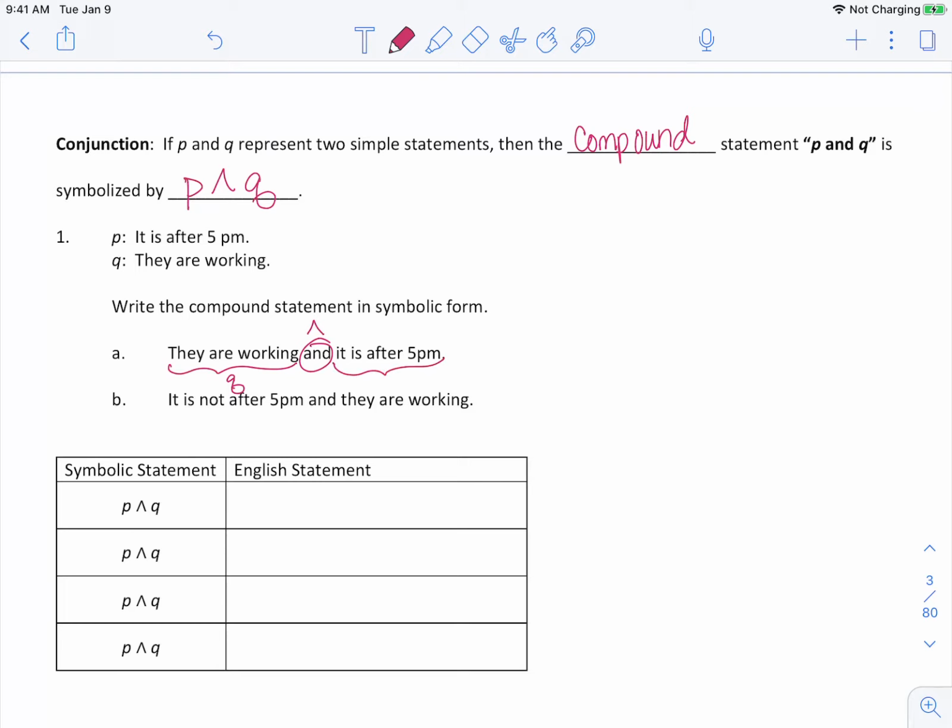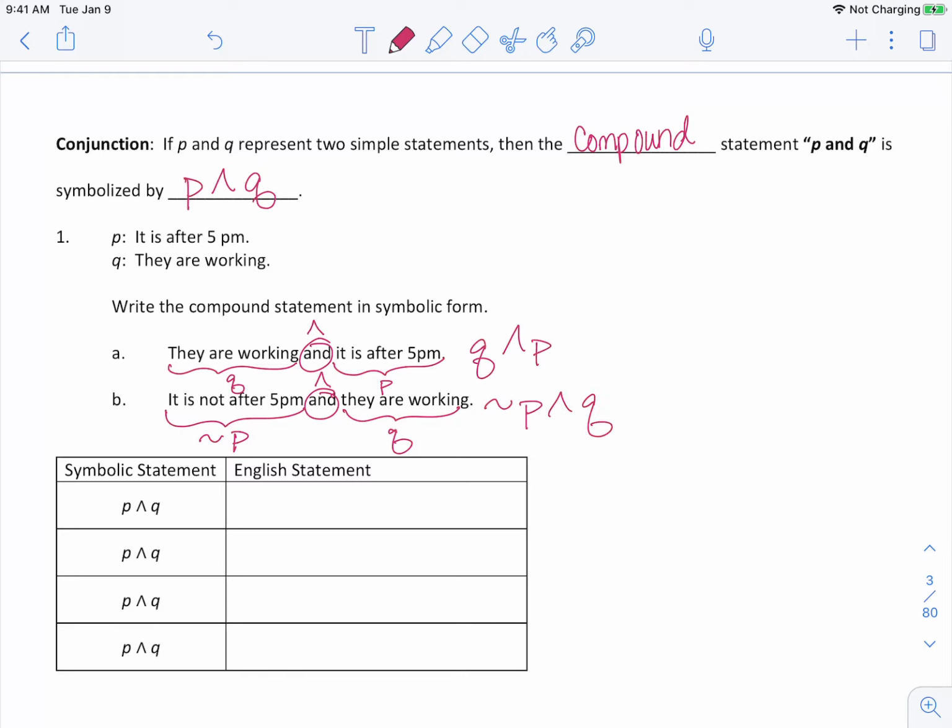It is after 5 p.m. That is our sentence P. So this is going to look like Q and P. For B, it is not after 5 p.m. So that's the negation of P. And is our and symbol. They are working is Q. So this one will look like not P and Q.